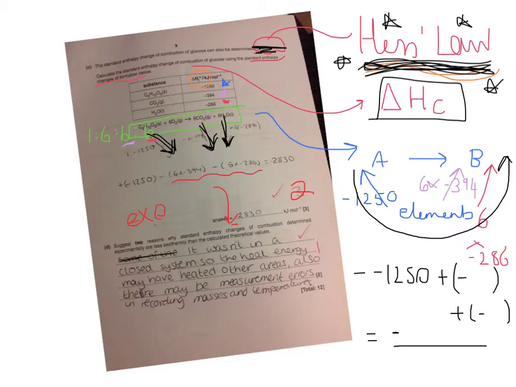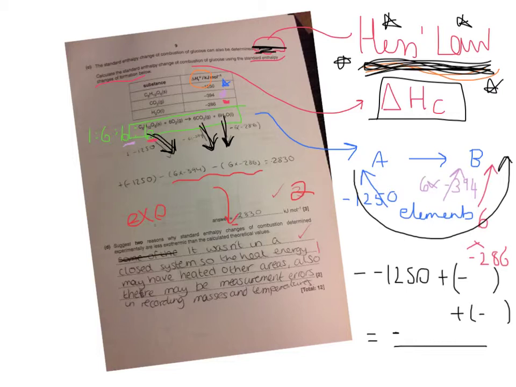Now for 3D, it says to suggest 2 reasons why the standard enthalpy change of combustion determined experimentally are less exothermic than the calculated theoretical values. Now there's a number of ways that you could have answered this. Here this candidate got 1 mark.